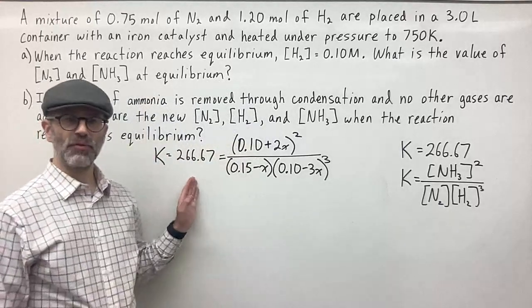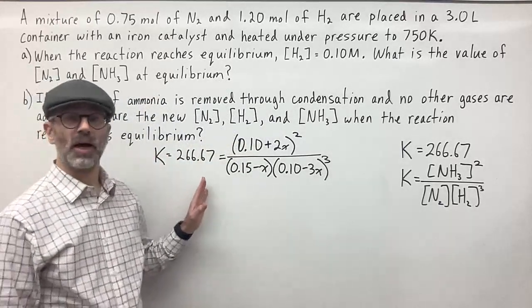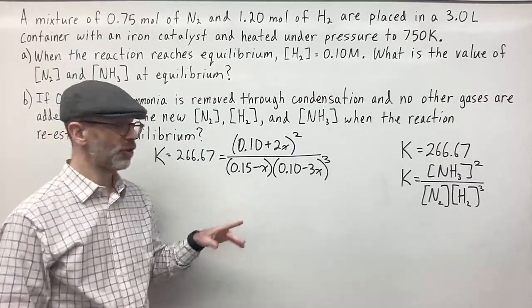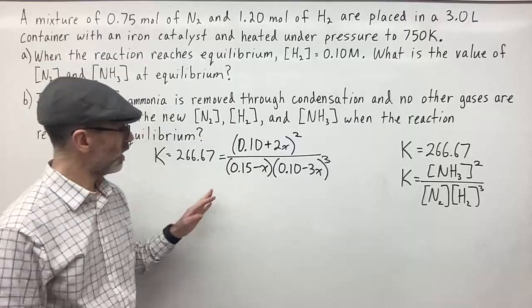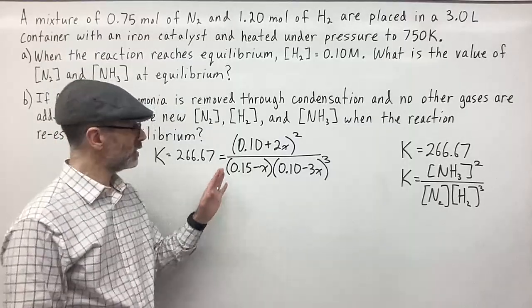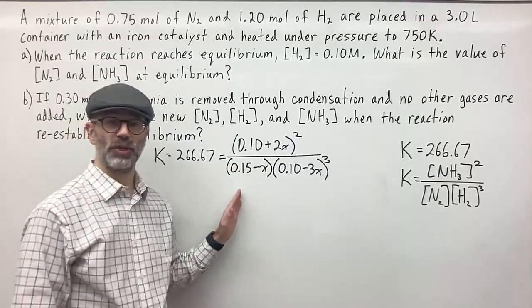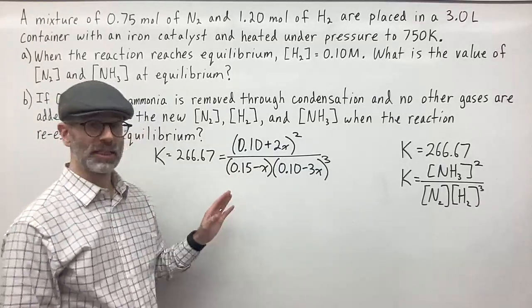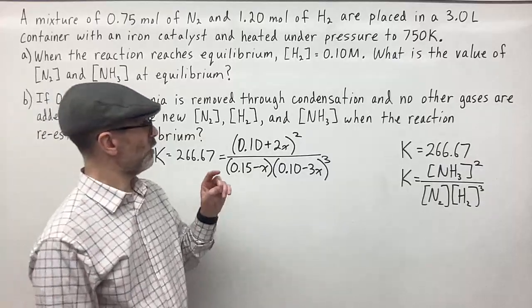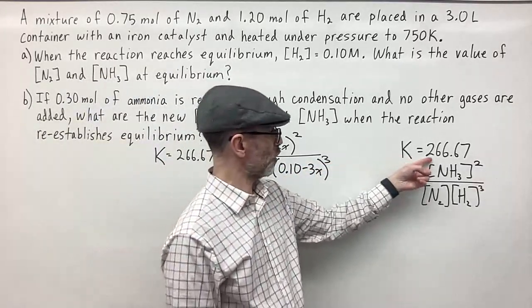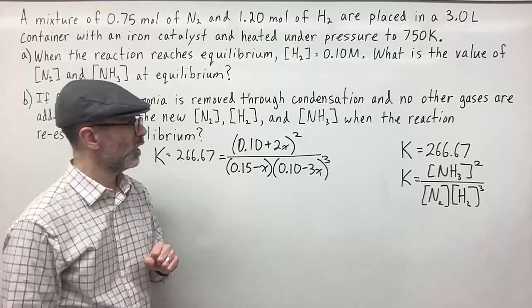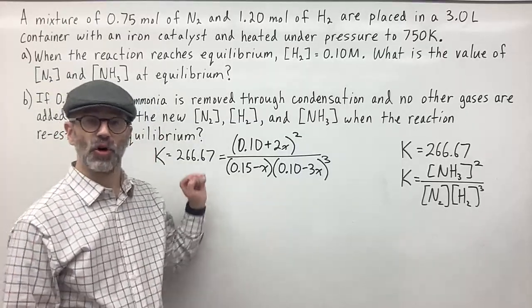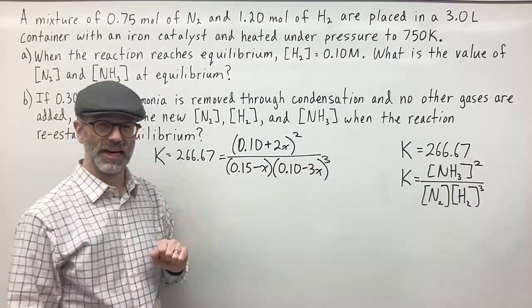And so you could see right away that this is going to be quite a beast of a problem to solve. You're going to end up with an x to the fourth somewhere, so we're going to have a polynomial equation. Notice that we can't do the x is small approximation, because the K value is rather large, which means it favors products, and so it's going to shift a lot in that direction.